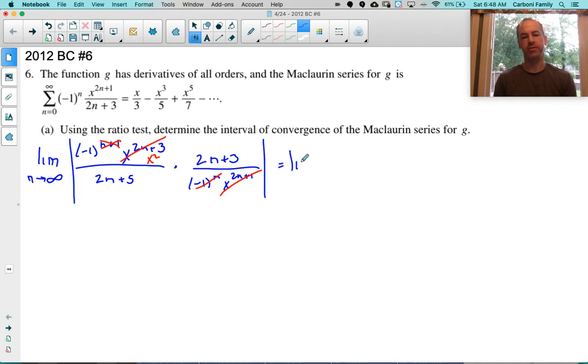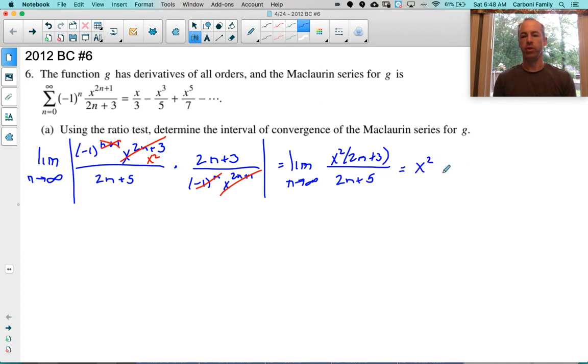So now I have the limit as n goes to infinity of, actually the absolute values are unneeded now because the absolute value of -1 is +1, the absolute value of x squared is x squared, and 2n plus 3 and 2n plus 5 are positive anyway. And so now my limit is a function of n. My degree of n is equal on top and bottom, so we'll divide their coefficients, which technically are 2x squared and 2, but the 2's will cancel.